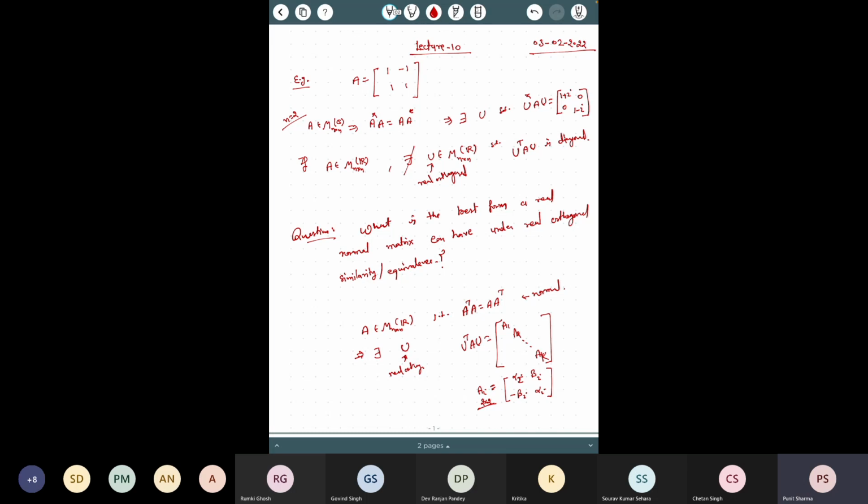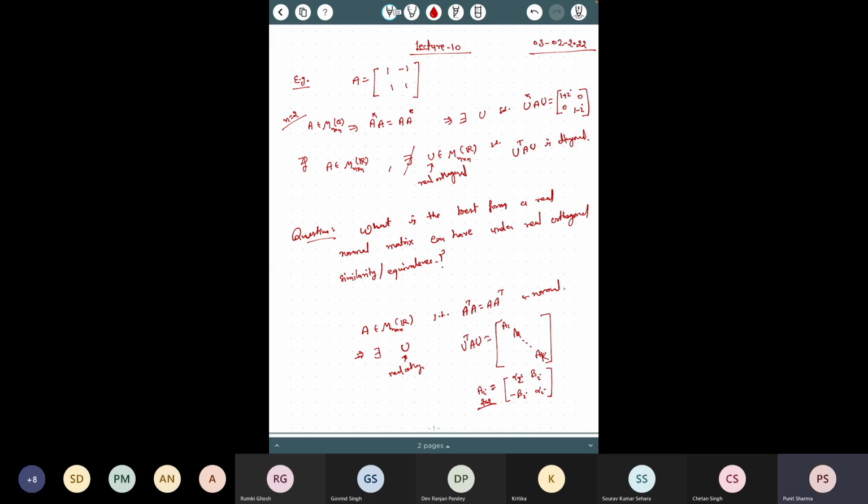In fact, you can write this as a statement, and this will be your spectral theorem for real normal matrices. The proof is exactly similar to what we did; it follows using similar ideas as for the spectral theorem for complex normal matrices.